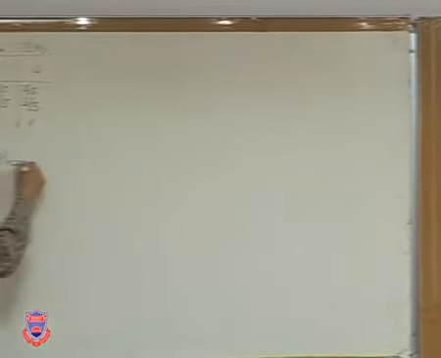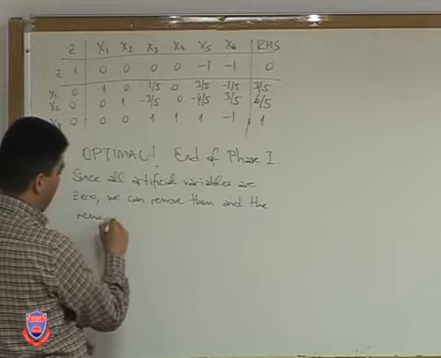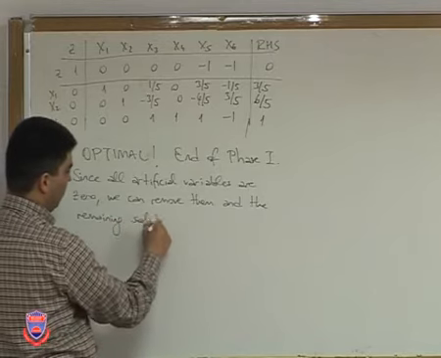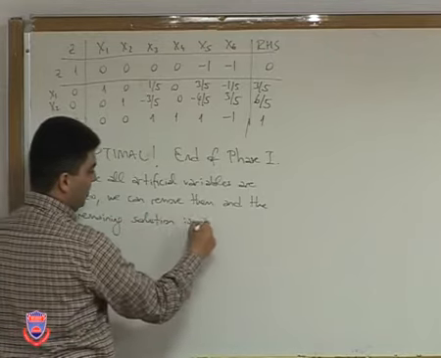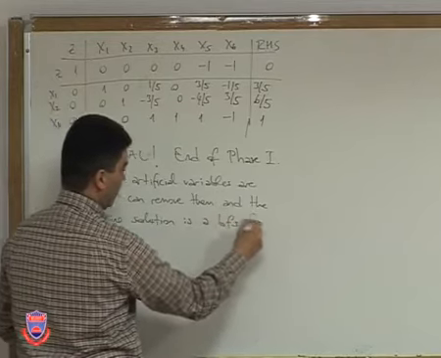Since all artificial variables are equal to 0, we can remove them from the problem, and the remaining solution is a BFS, a basic feasible solution for the original LP problem.